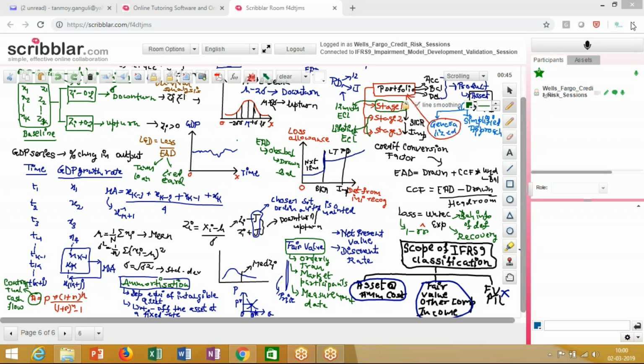Over here, there are two things. The first condition must be that the asset is held for its contractual cash flow. That asset may be a bond, an investment instrument, a personal loan, or a home loan, because the bank is holding that personal loan for that customer to pay the contractual cash flow.